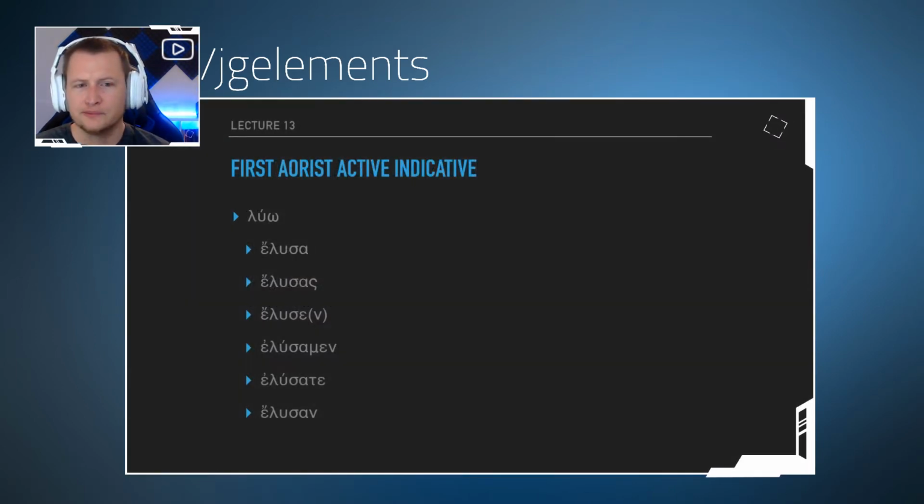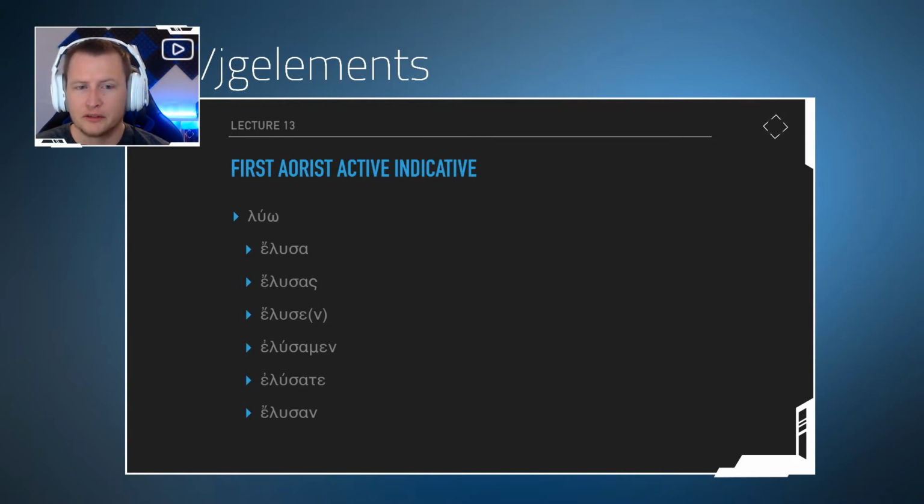So here's luo. It uses lu, which is the present active stem. So you see the augment plus lu plus the sigma alpha tense formative, and then in the first person singular there is no ending. So it's elusa. I destroyed.